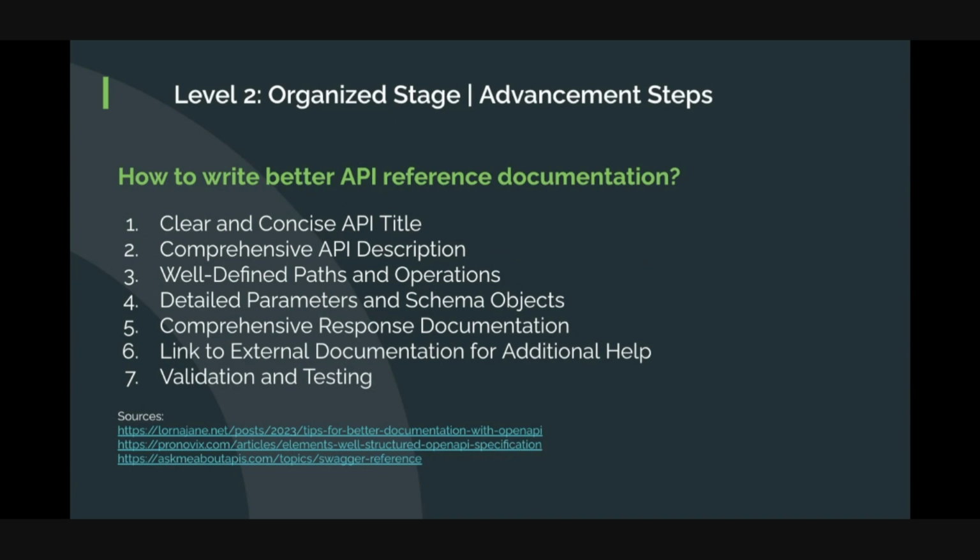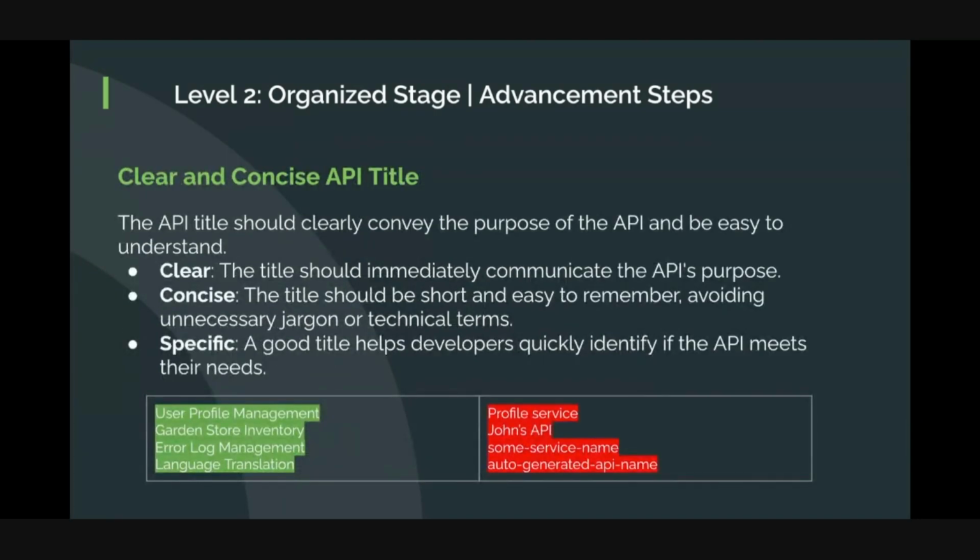And about how to write, for example, better API reference documentation, there are some guidelines that maybe we should give you. For example, about the title, the API title should effectively convey its purpose by being clear, concise, and specific, as stated in our documentation standards.